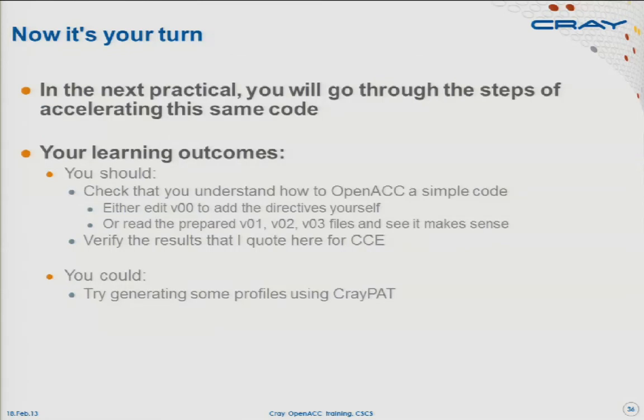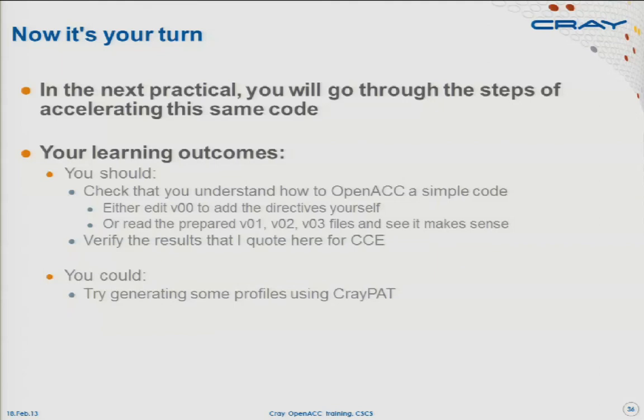So I think we'll break for lunch, but there is a practical that goes with this afternoon where I've got 4 versions of the code: CPU, 1 kernel, data region outside the iteration loop, and then data region outside everything.